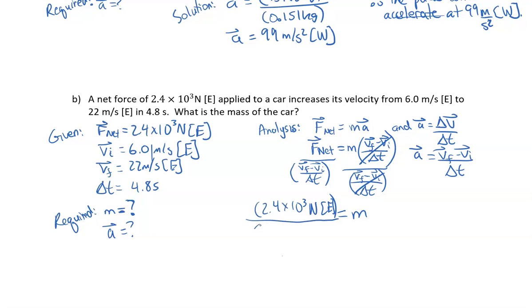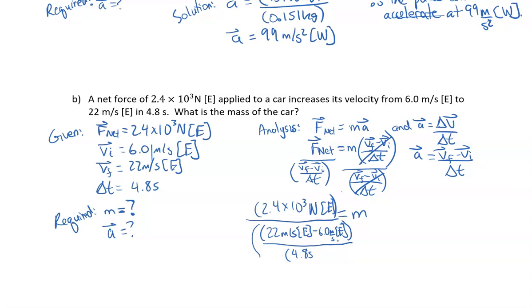I divide by v final minus v initial. Make sure you do that in brackets. So it's 22 meters per second east minus 6.0 meters per second east, and I'm going to divide that by 4.8 seconds.